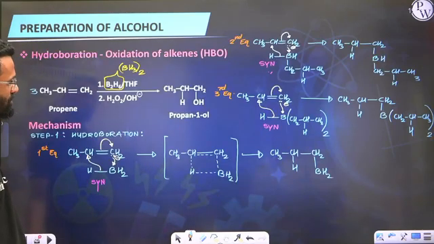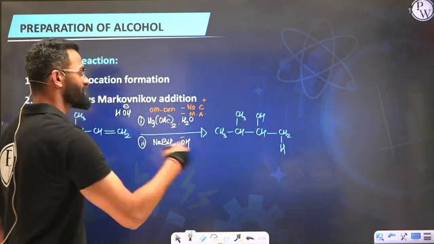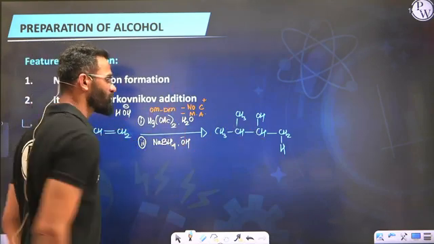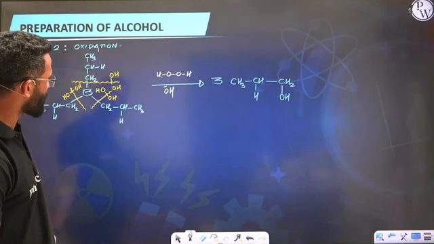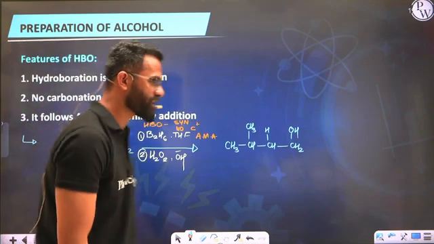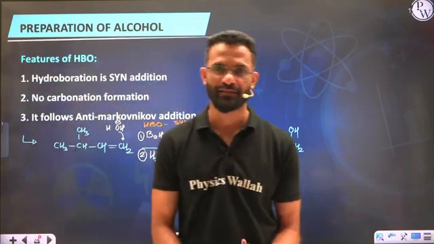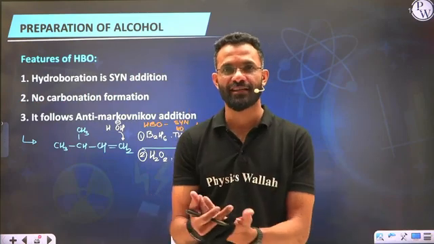See, OH was connected to the secondary carbon. And in case of ACH, because of rearrangement, OH got connected to the tertiary carbon. So these three are important reactions, and I would recommend you guys to always revise these reactions together because they are similar in pattern. The substrate is the same alkene, the product is the same alcohol, only the set of reagents and the mode of mechanism is different.